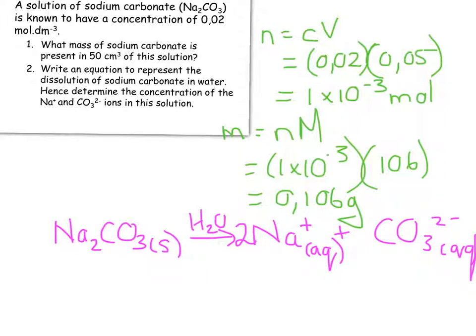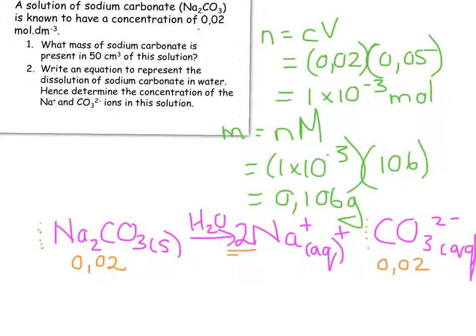I have now got a concentration of sodium carbonate. They've told it to me, 0,02 moles per cubic decimeter. And therefore what we're going to do is unpack a mole ratio over here. So if I had a concentration of 0,02 moles per cubic decimeter, let's pretend we are in a decimeter cubed of water. I have 0,02 moles of sodium carbonate, invisible 1 in front. I have exactly the same, because it's a 1-to-1 ratio, of the carbonate ion.